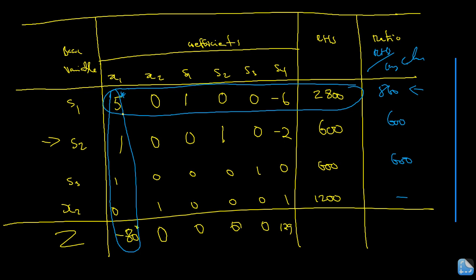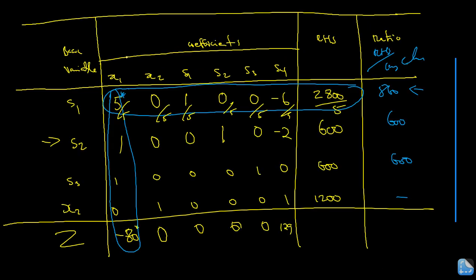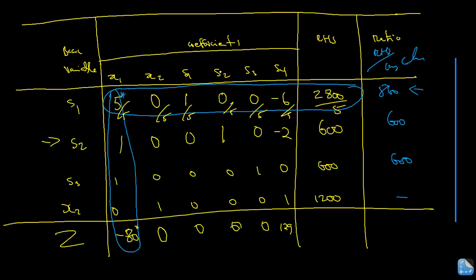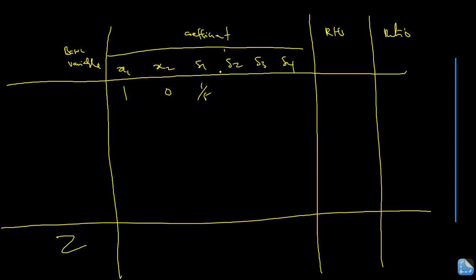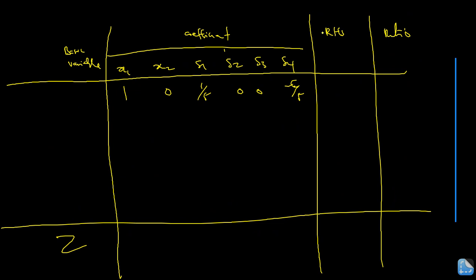So what I mean is you're going to say 5 over 5, 0 over 5, 1 over 5, 0 over 5, 0 over 5, negative 6 over 5, 2,800 over 5. So we're going to have a 1 here, and then 0, and then 1 over 5, and then 0, 0, and negative 6 over 5. And then what's the last one? 2,800 divided by 5. So we have a 560 there.